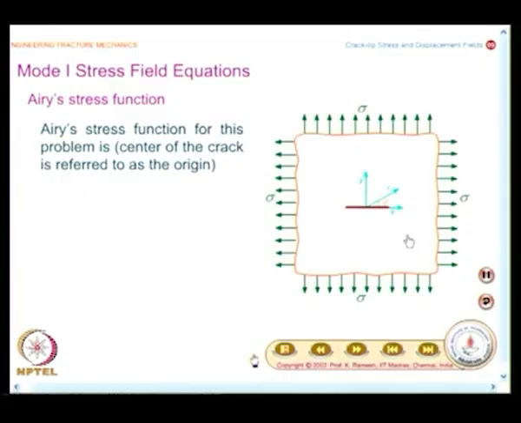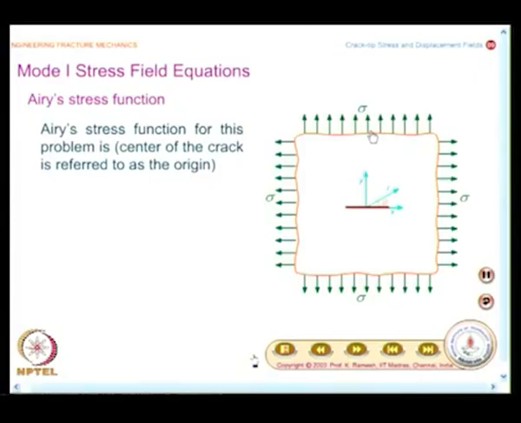If you look at what people had developed as the solution for a plate with a small hole in a tension strip, or an elliptical hole in a tension strip, they had only considered uniaxial loading. Even when the energy release rate was developed by Griffith, he considered the problem of a central crack subjected to uniaxial loading. But what you find here is that Westergaard has actually considered only the problem of a central crack in biaxial loading.